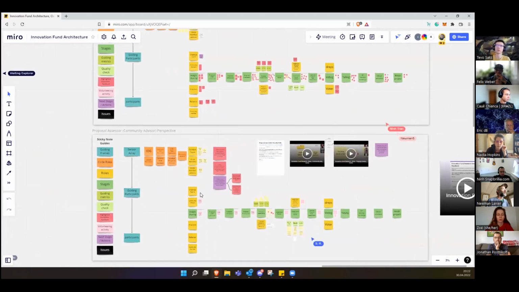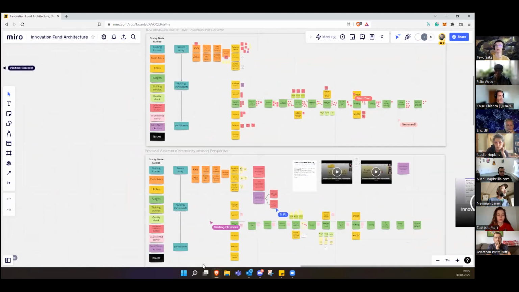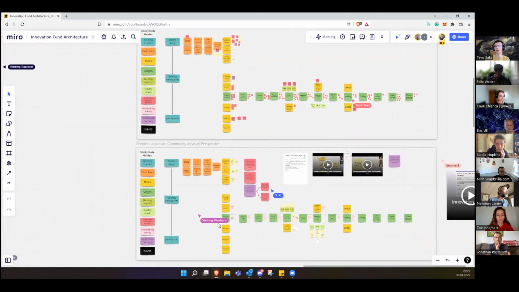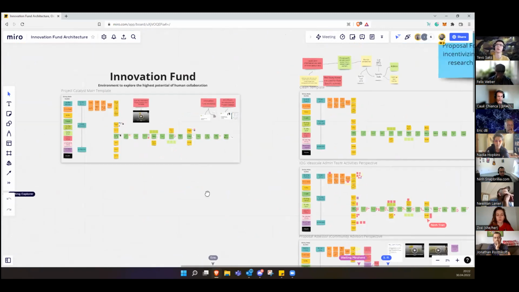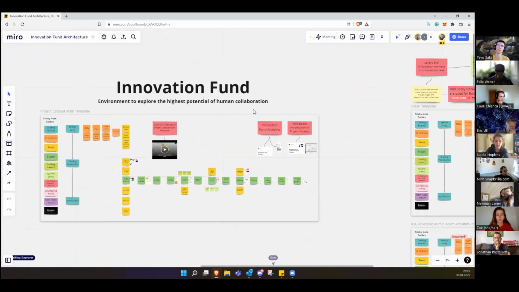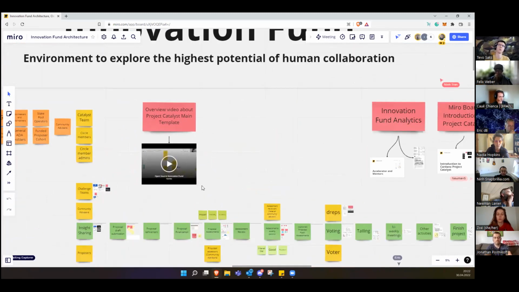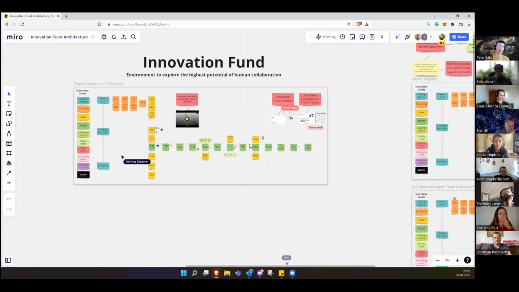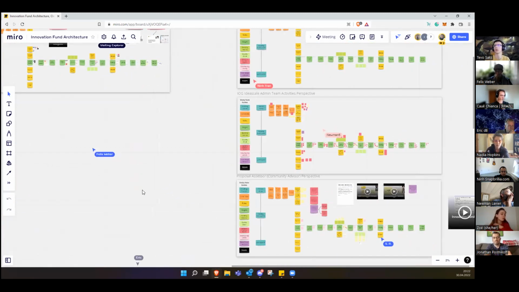I'm not going to read too much detail, but basically, when you're wondering why this is constructed like that, what these roles and colors and stages are, if you zoom out in the Miro Board, there is a main template where I bring out resources and links, and there is also a link to a video where I go through explaining how the board is made and why it's structured like that.